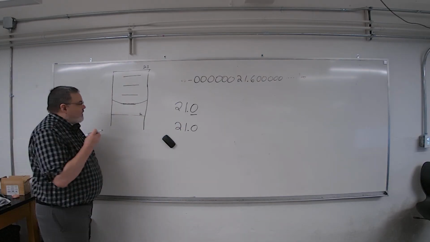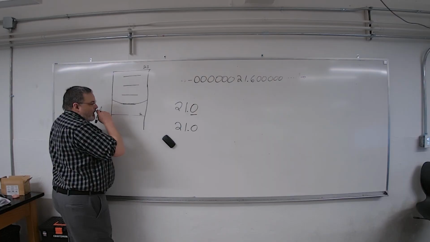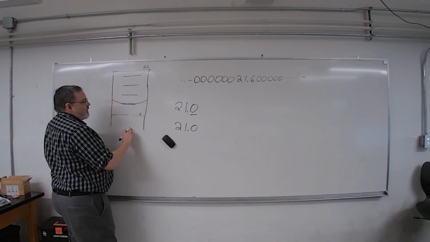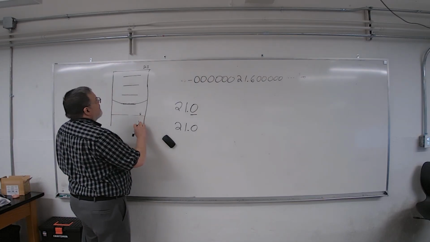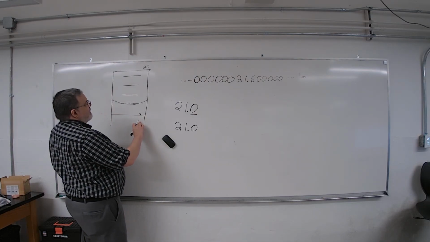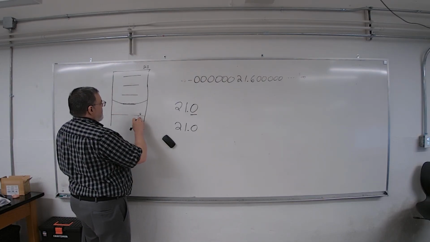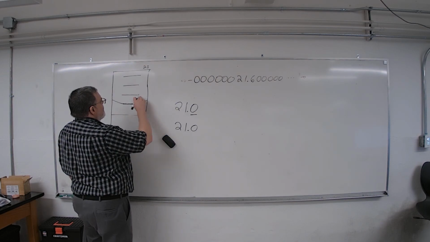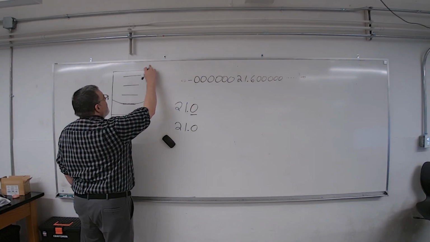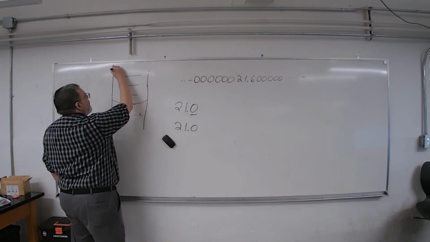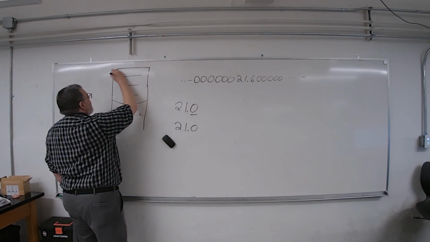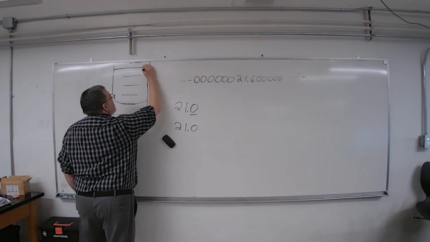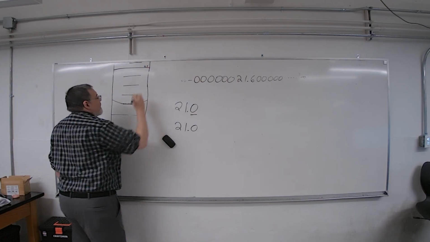What if this was a smaller cylinder and this was 2? What if that was 2 and this was 2.5 right there?